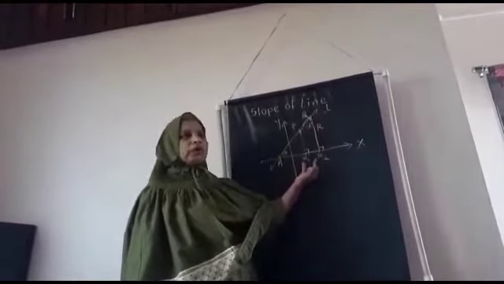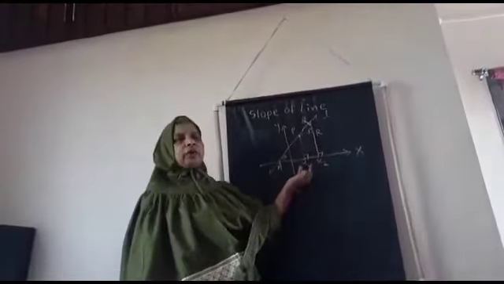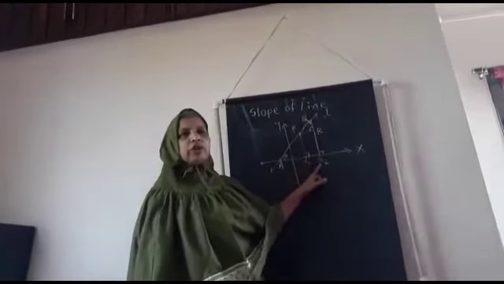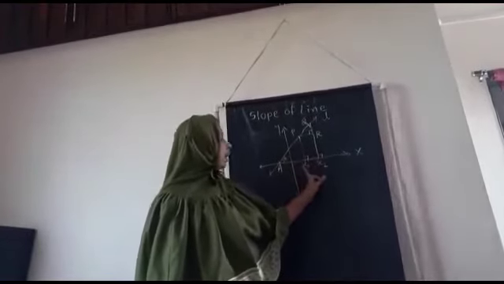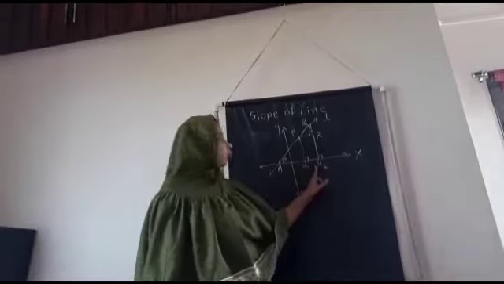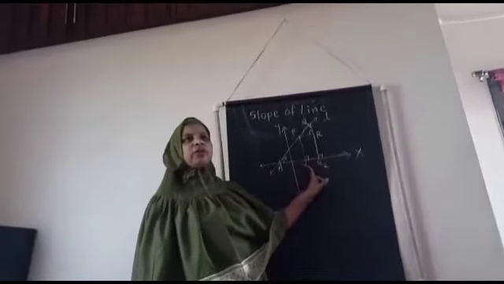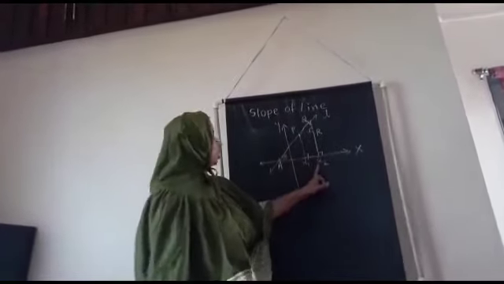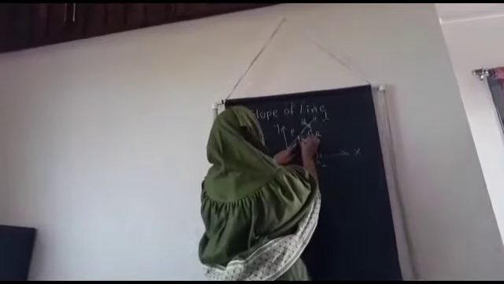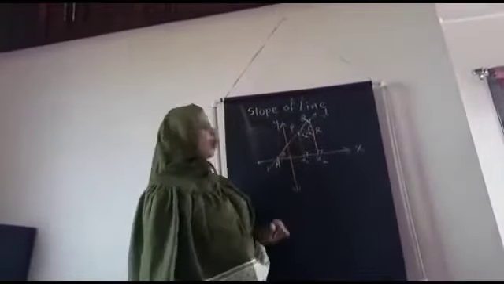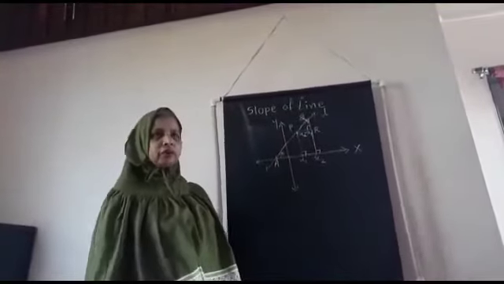Now we can calculate the distance between any two points with the help of the coordinates. Here the coordinates on the x-axis are x1 and x2, so the distance between these two is the difference between the two coordinates. So distance PR is x2 minus x1.